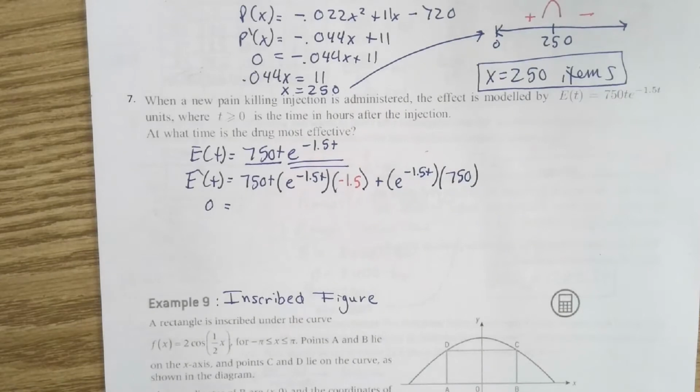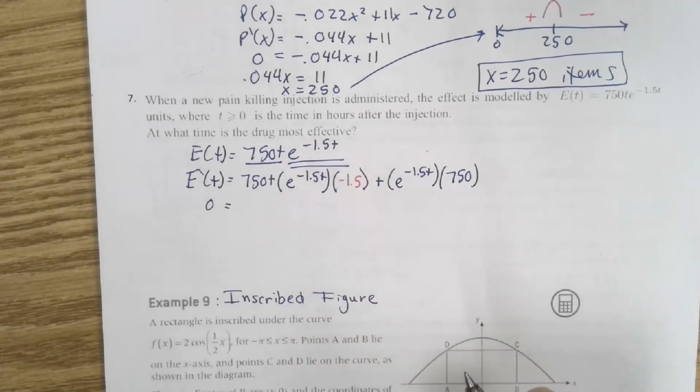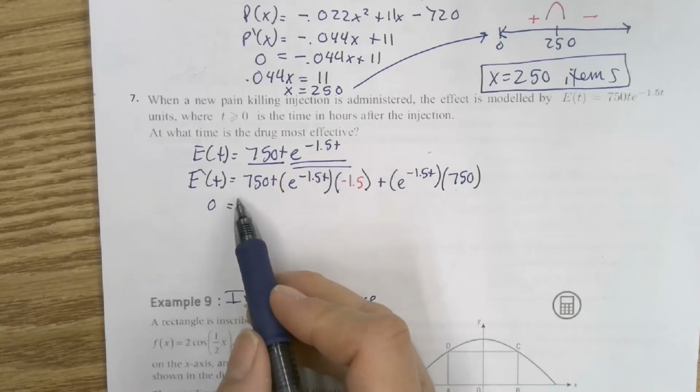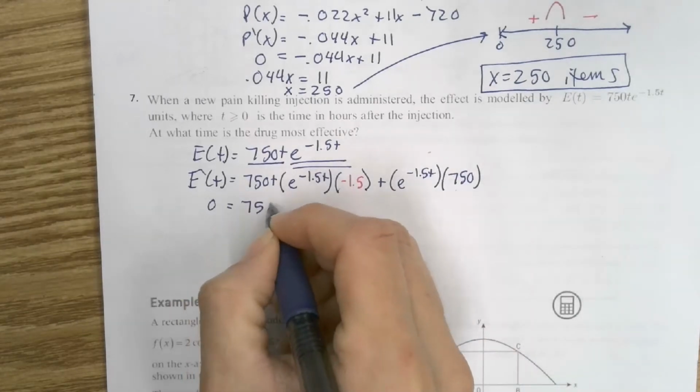And we're going to clean that up a little bit. Now, actually, since I'm going to wind up factoring this in order to solve it, I'm not going to multiply the 750 times the negative 1.5 because I'm seeing they both have a 750. So I'm just going to dive right into factoring this. And I know I can factor a 750 out.